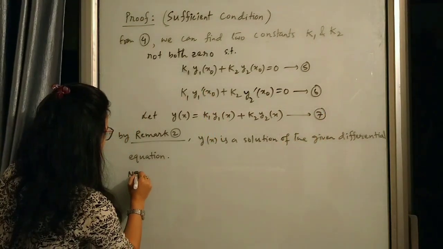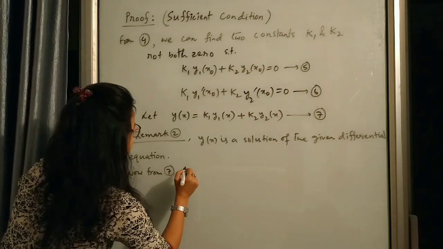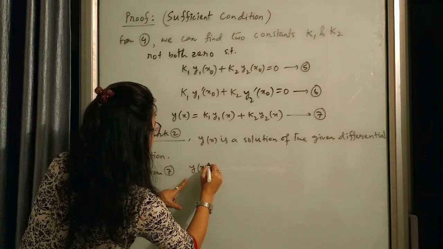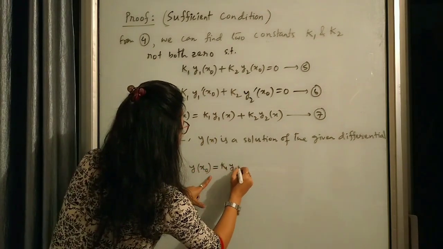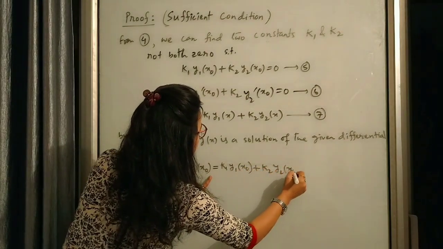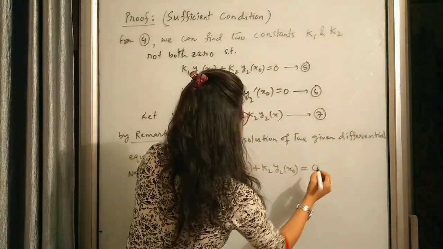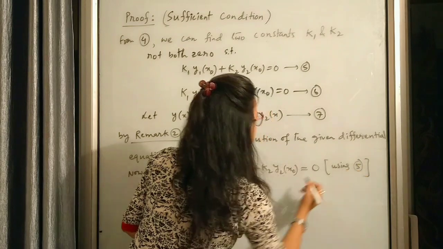Now from 7, using number 5, we have y at x0 is equal to k1 y1(x0) plus k2 y2(x0), which is equal to 0. This is using 5.